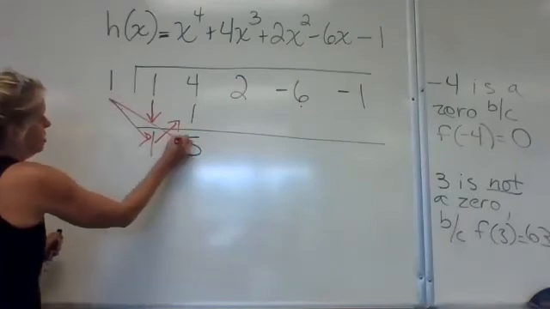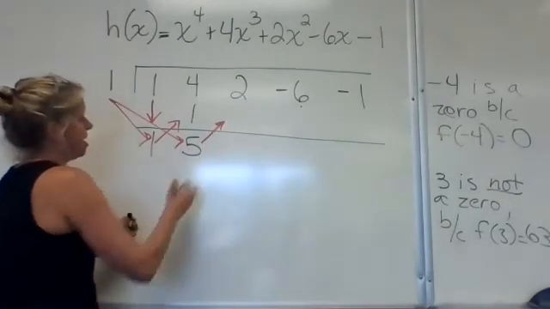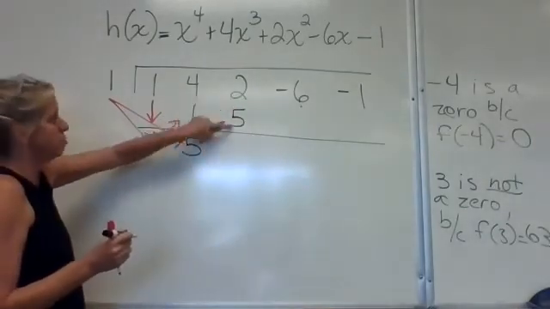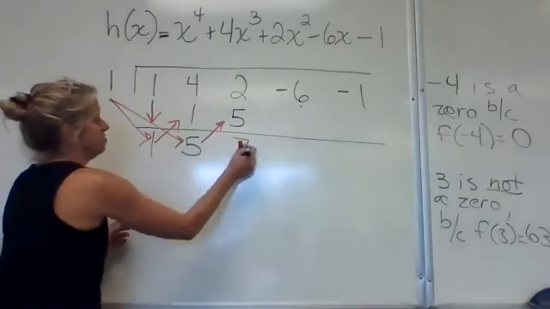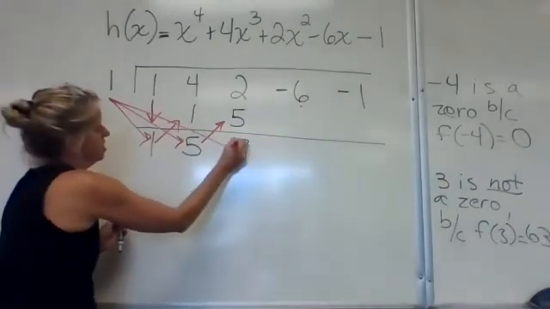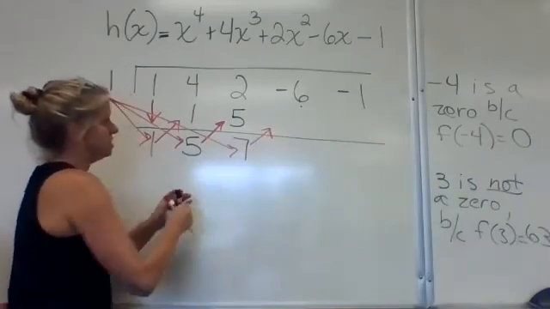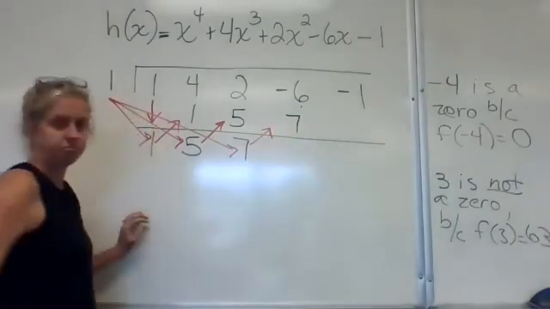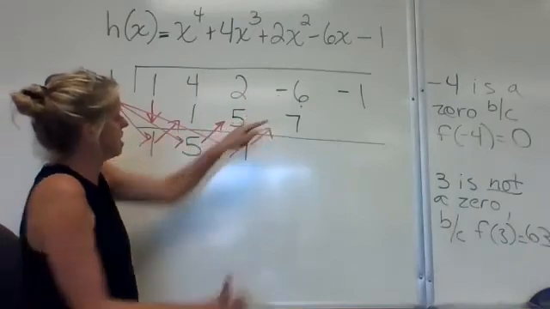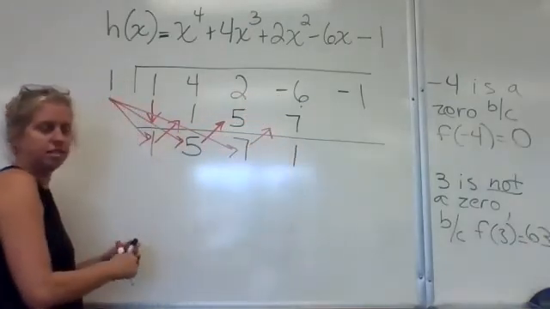So now I have 1 times 5. Put my answer there, which is 5. Combine these. 2 and 5 gives me 7. Now, 1 times 7 gives me 7. When I combine these, negative 6 and 7 gives me positive 1.